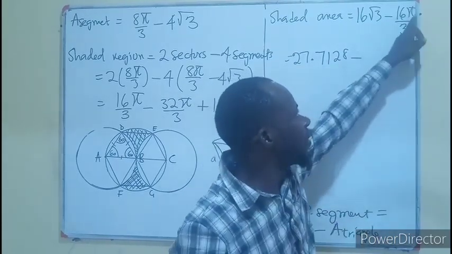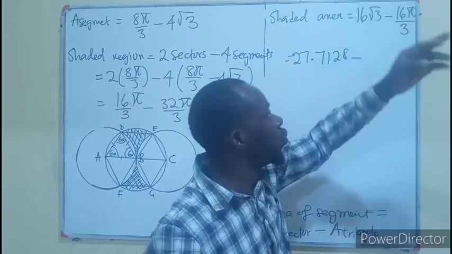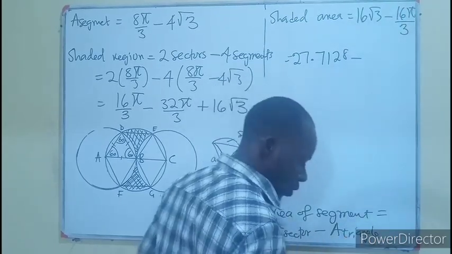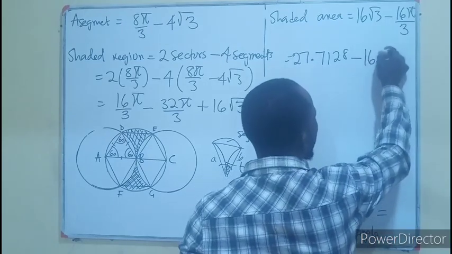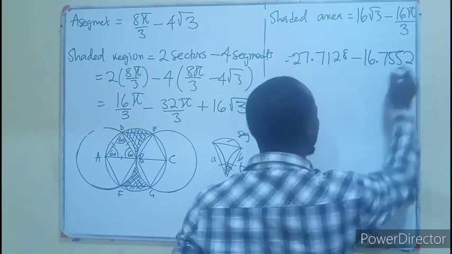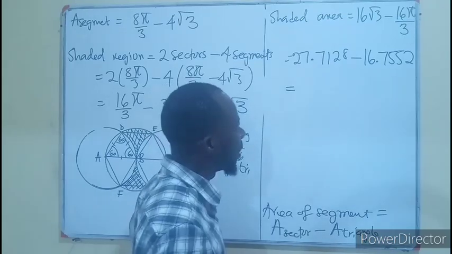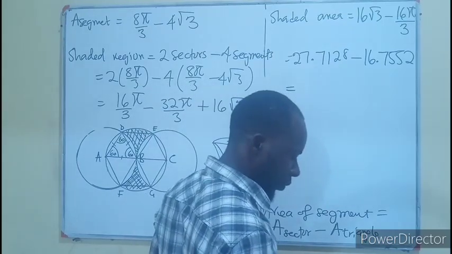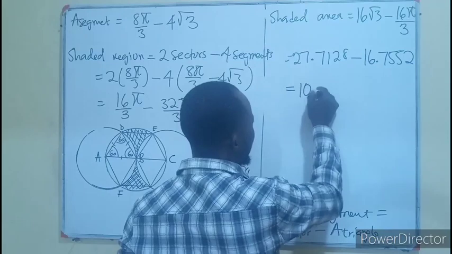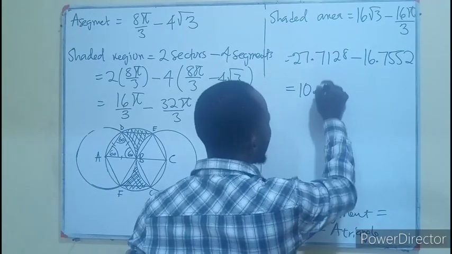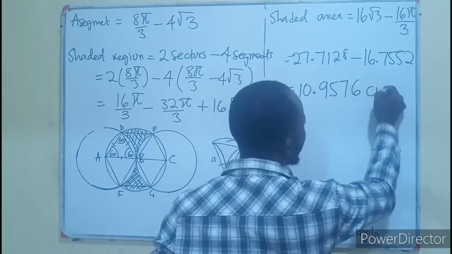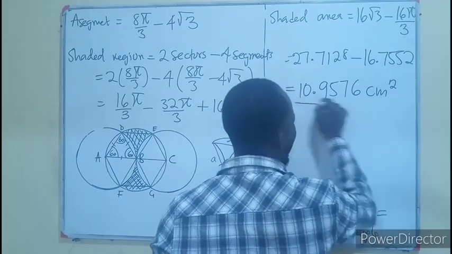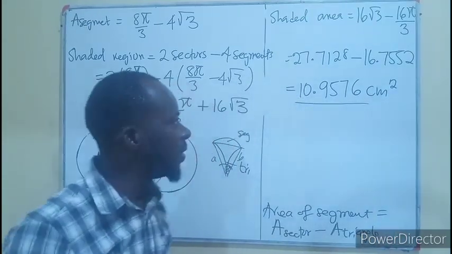Then 16 times pi, which is 3.142 divided by 3, will also give us 16.7552. So per that subtraction, we have 10.9576 centimeter squared. That is to 4 decimal places.